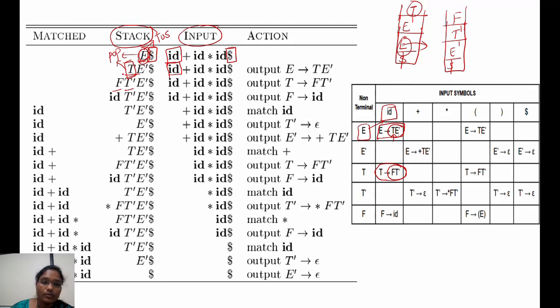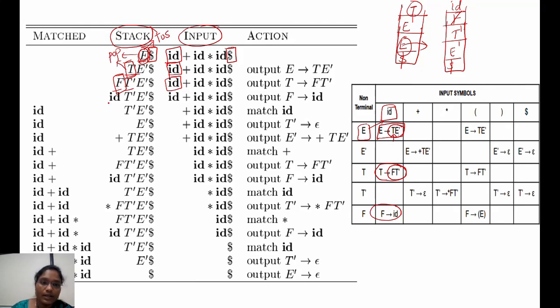Now we have the top of the stack as F, and the input that we are reading is ID. So we need to check what is F on ID from the table. F on ID is F gives ID. So the body of the production is ID. Pop out the top of the stack, and it is replaced by ID.